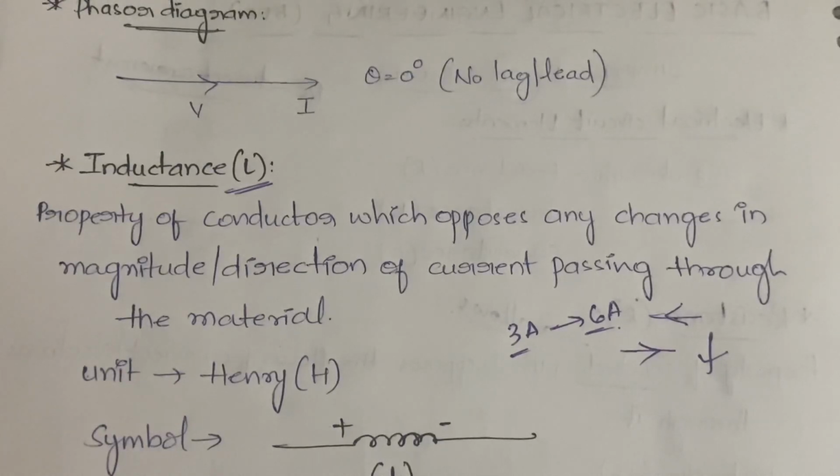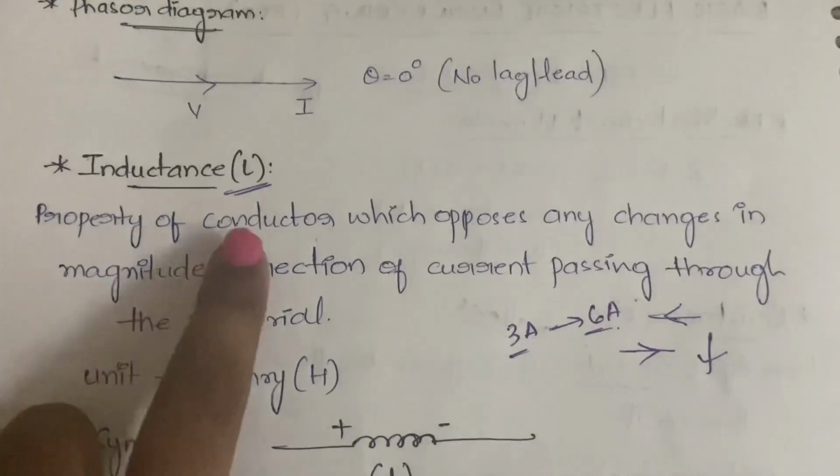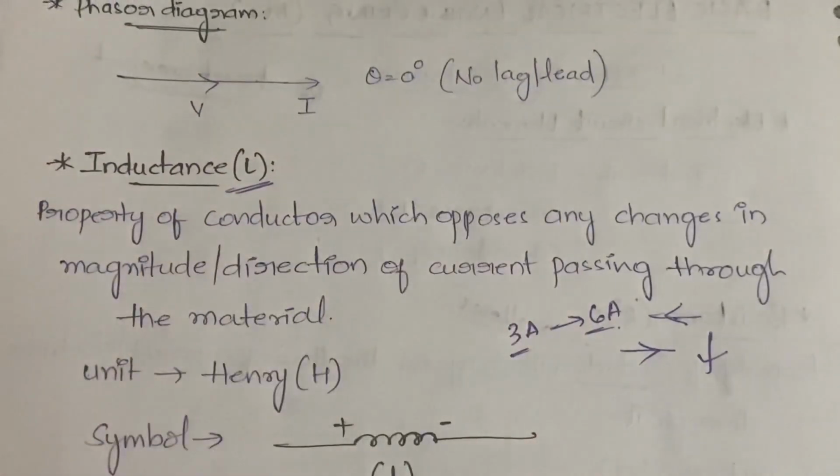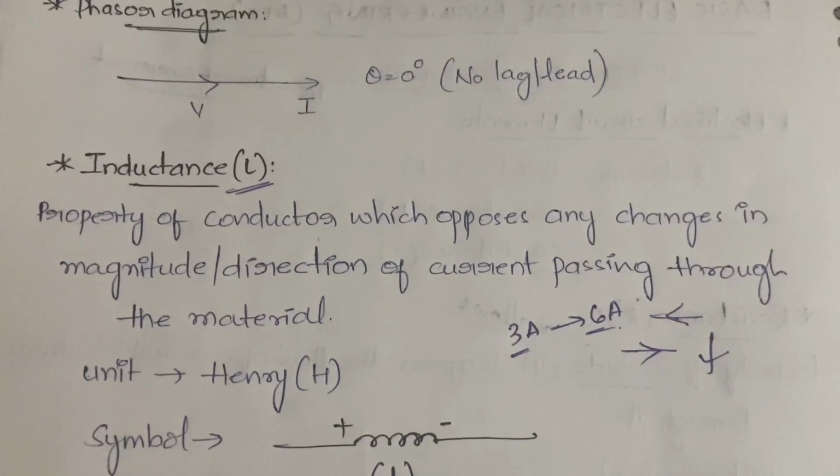Who is responsible for that? Who will take care of that? The conductor will, with inductance. So inductance is a property which will oppose the changes happening in the conductor. Changes related to what? Current. It could be magnitude wise or direction wise. So these two changes will be opposed with the help of the inductance property.